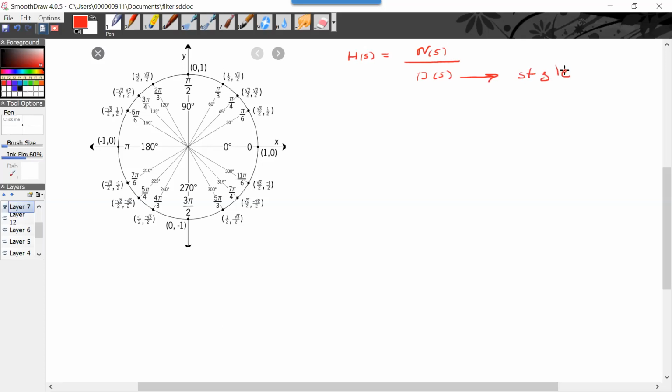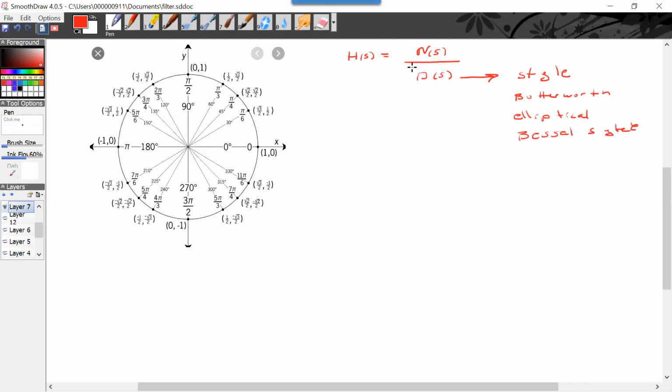And the denominator is the style, right? And you might have heard of some of these, but Butterworth is a style. Elliptical is a style. Bessel is a style.